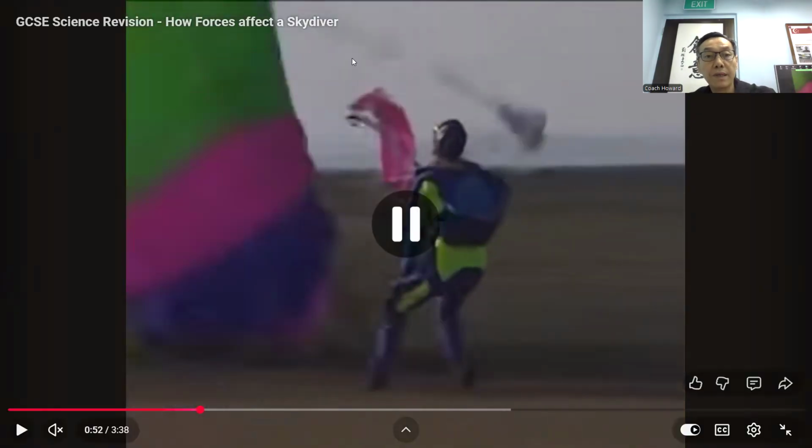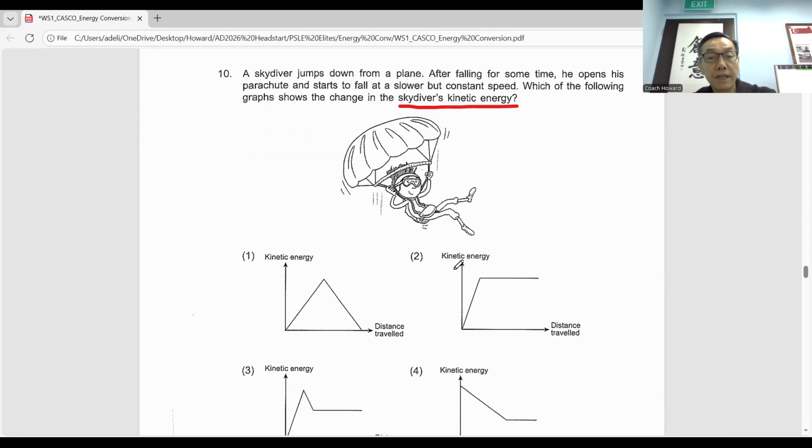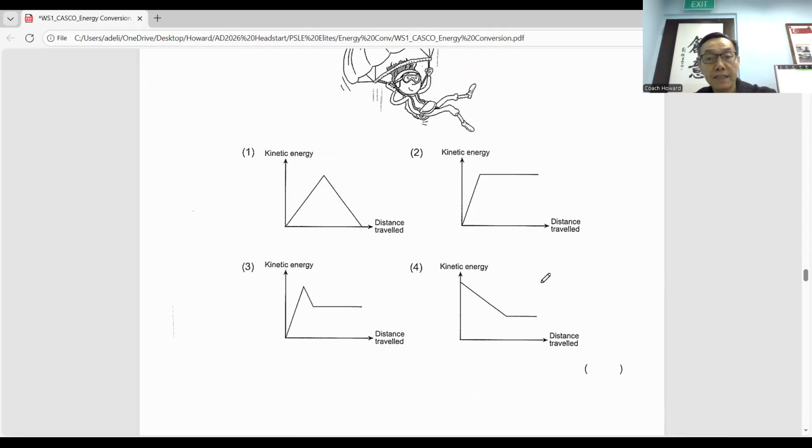So now we come back to the question earlier. You notice at the exit point, kinetic energy is zero. So it can be this, all possible, but it cannot be this, so just straight away eliminate. Cannot be this one, because when the parachutist leaves the plane, the speed increases. So it's either 1, 2, or 3.